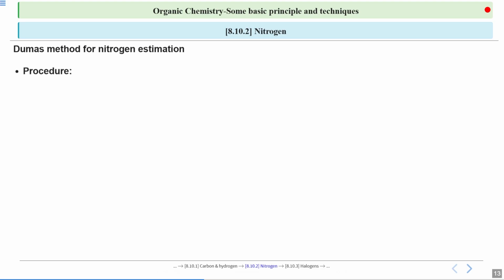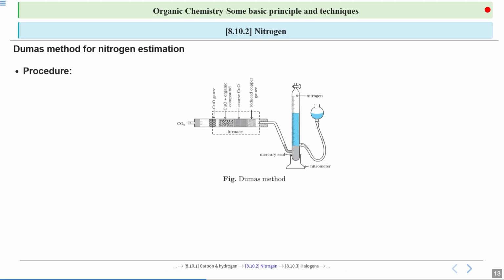Now moving on further. We have talked about the copper oxide gauze and the copper oxide plus organic compound layer's importance. Next, let us focus on one specific part of the setup, the section containing coarse copper(II) oxide. Okay, so we have a third layer of copper oxide, which is coarse.